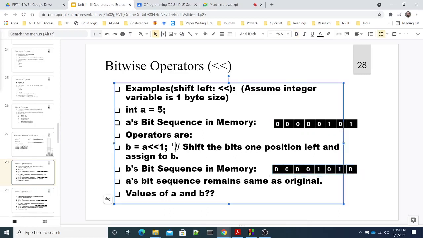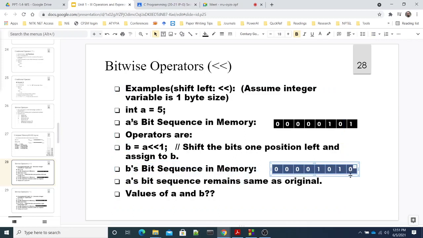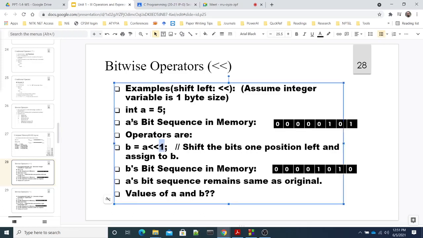So this operation is shifting the bit sequence of a towards the left by 1 position and storing the resultant bit sequence in b. Assume that b is also an integer. So the bit sequence of b will be this. Is it clear what is meant by shifting left? This operand will decide by how many positions I want to shift towards the left.